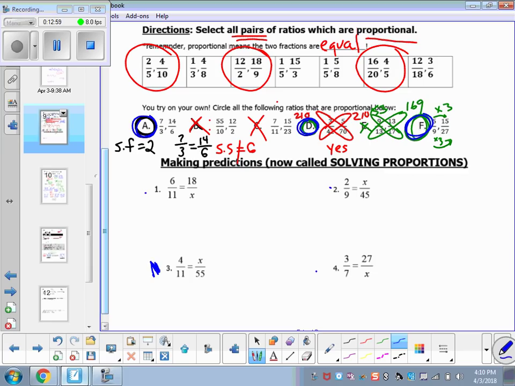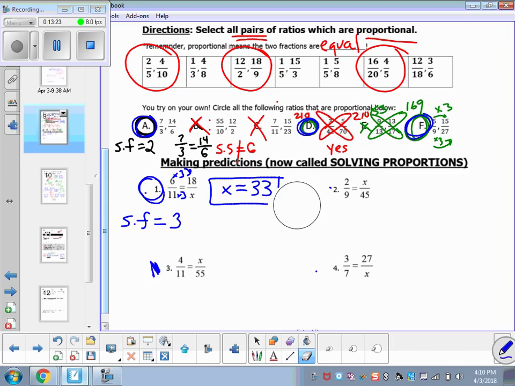So first, let's review what you did for homework. In a question like this, most of you, for your work, would show me that the scale factor is 3. If the scale factor is 3, that means x is 33 times 3, so times 3.